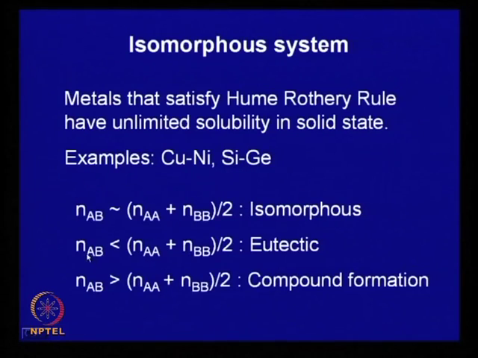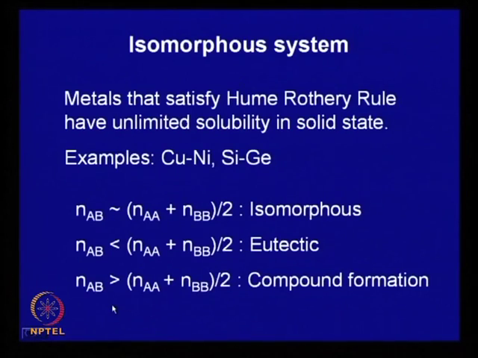Now, when a eutectic forms, what happens? The AA bonds or like bonds will be more in number. That means the number of AB bonds will be less than what is expected from the composition. Then you get a eutectic type of structure.